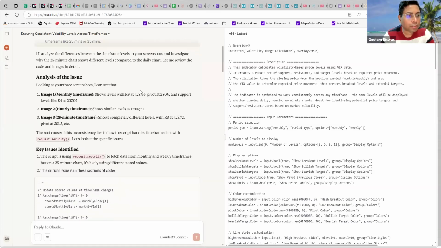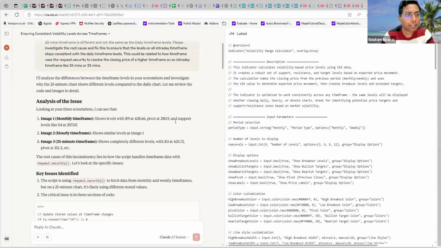Looking at your screenshots, I can see that image 1, monthly time frame, shows levels with R9 at 428.66, pivot at 289, and support levels like S4 at 207.02. Image 2 shows similar levels as image 1. Image 3 on the 25-minute time frame shows completely different levels with R3 at 425.72, pivot at 35.3.